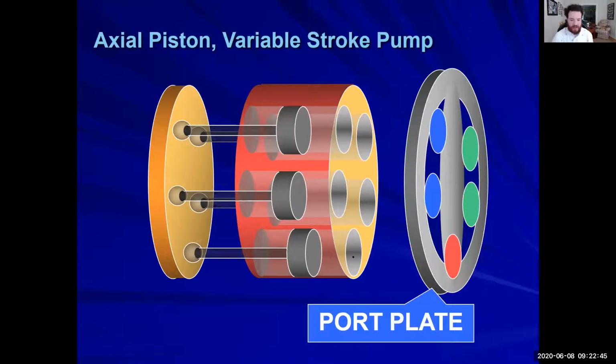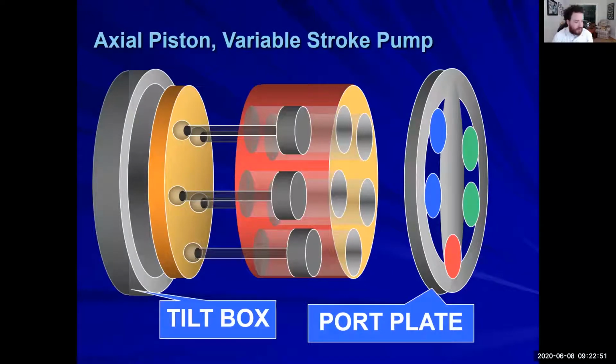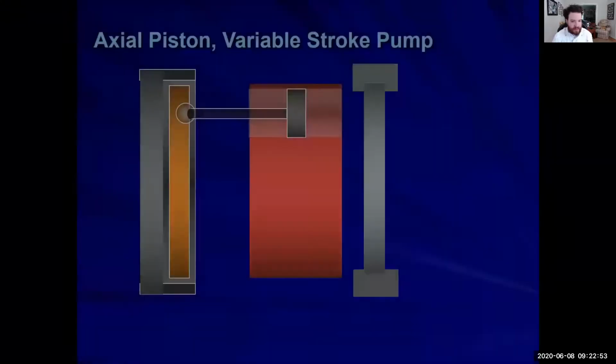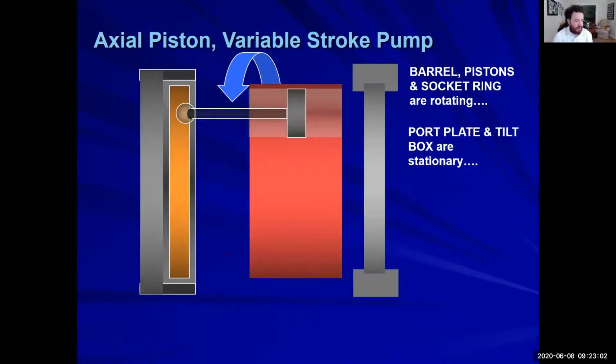And as you can see, the one on the way bottom is going to be blocked. Those are tilt box. So the barrel, pistons, and socket rings are rotating. The port plates and the tilt box are stationary. So this gray piece right here is stationary, and this gray piece is stationary. They're not going to be in any rotation.